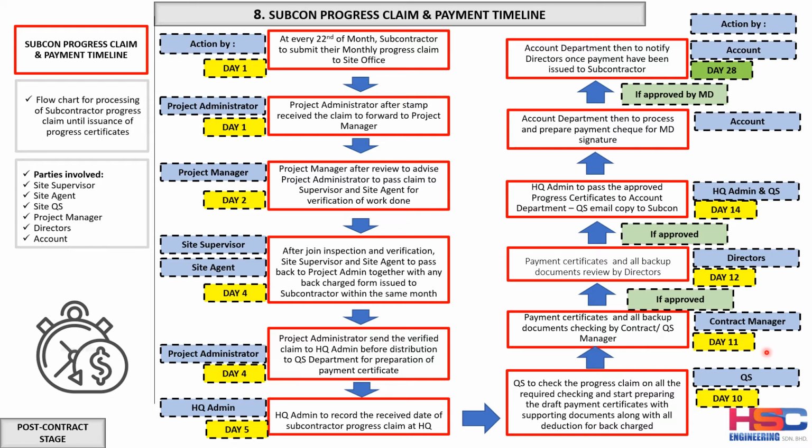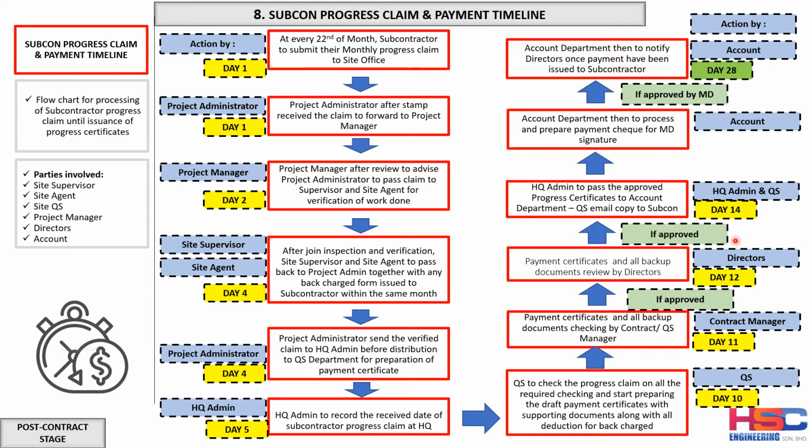And then on day 11, the contract manager will check the payment certificate and all the backup documents. If the contract manager is satisfied, he will approve this document and pass the payment certificate and all backup documents to the director to review. It means review and approve.